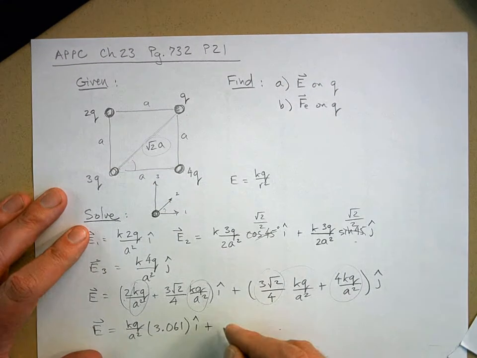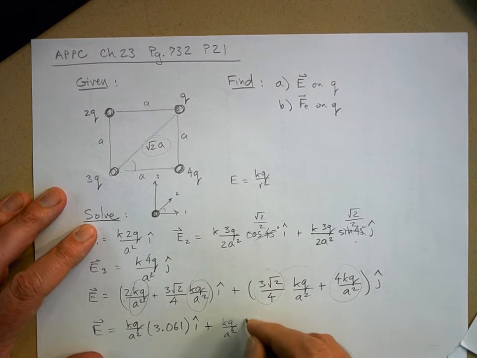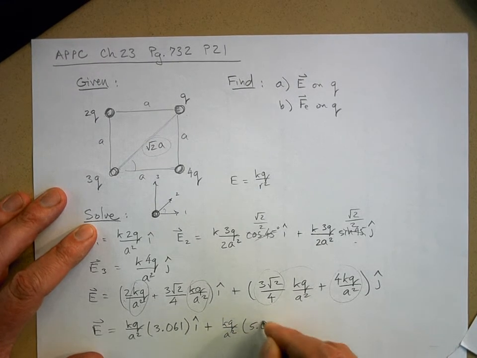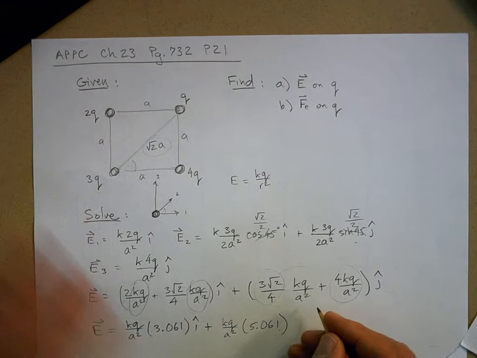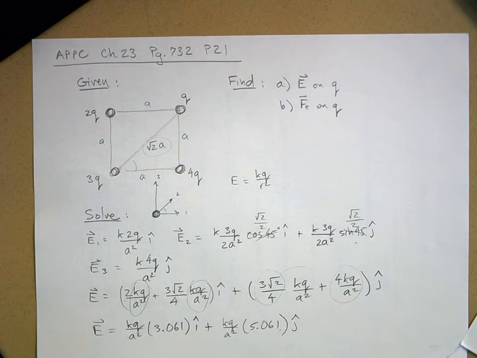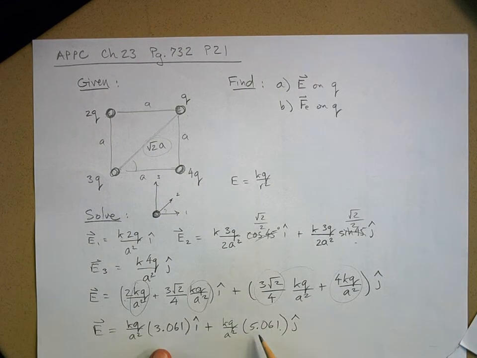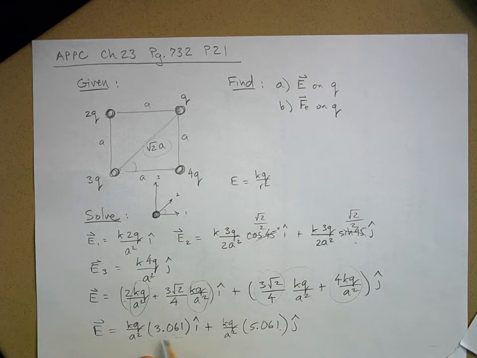And this is kq over a squared times 5.061. Right there. Well, now you can just use Pythagorean theorem and inverse tangent with these guys, with just the coefficient.